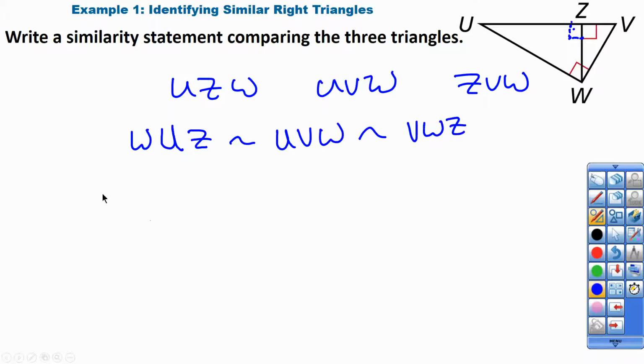And then those all end up being similar because we start with the hypotenuse and we go away from the small angle.